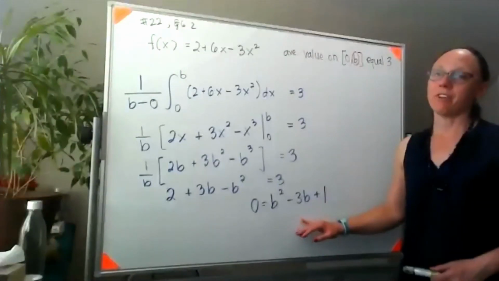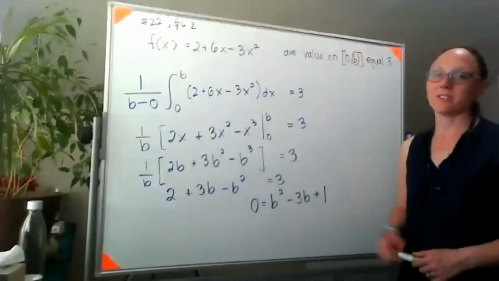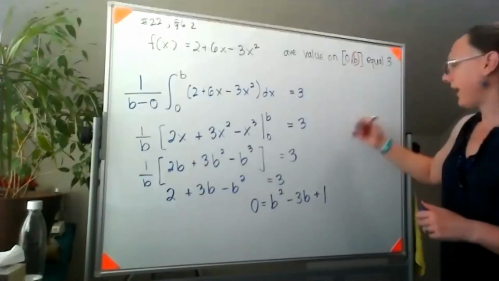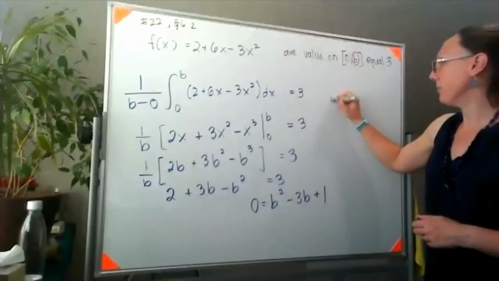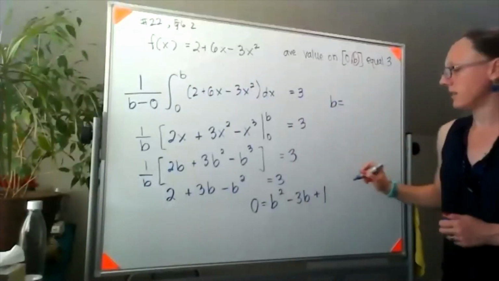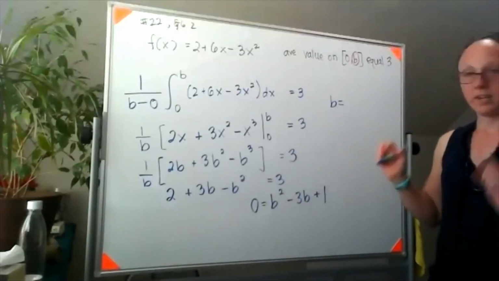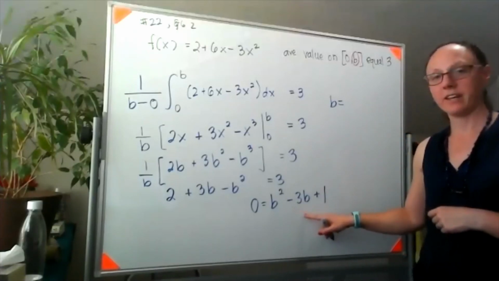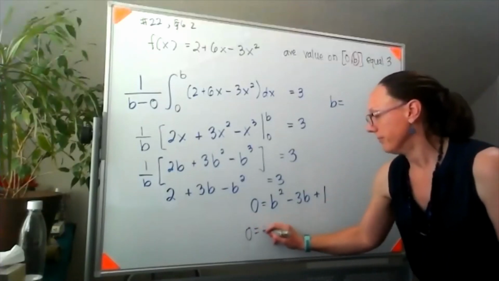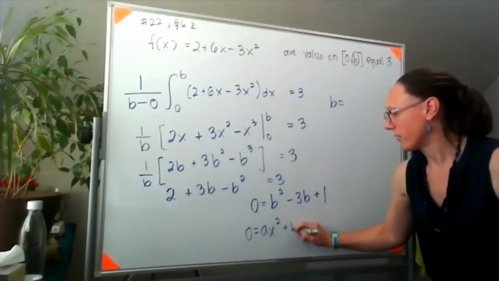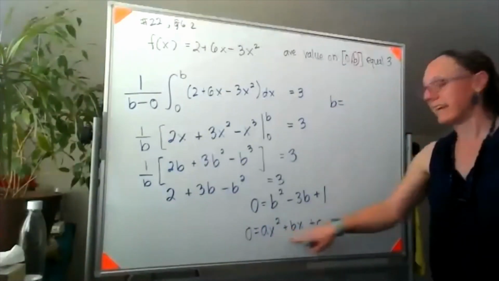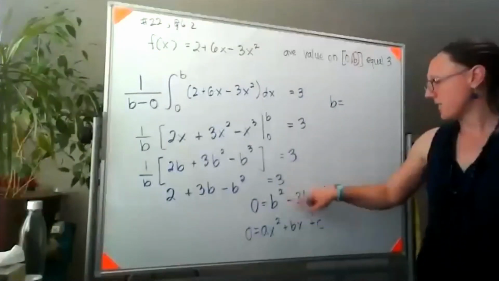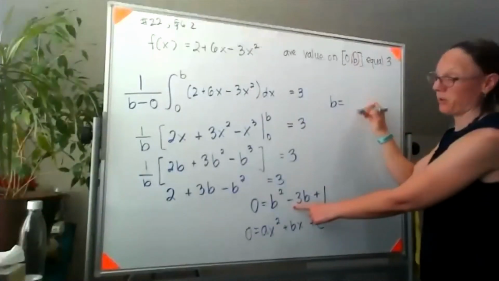If I have, then the only way that I know to solve this is quadratic formula. I am looking at b equals negative b, but our b term is that negative 3 in our standard ax squared plus bx plus c kind of form for using quadratic formula. So negative 3, but it'll be the negative that.